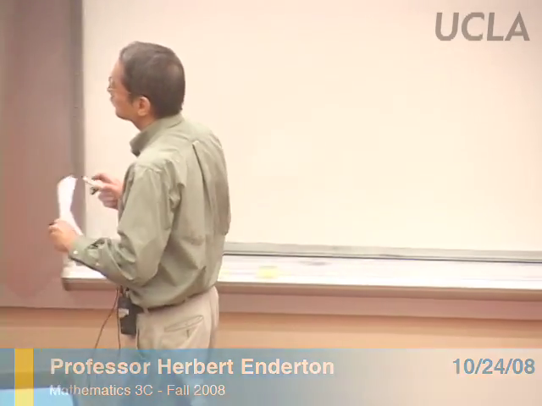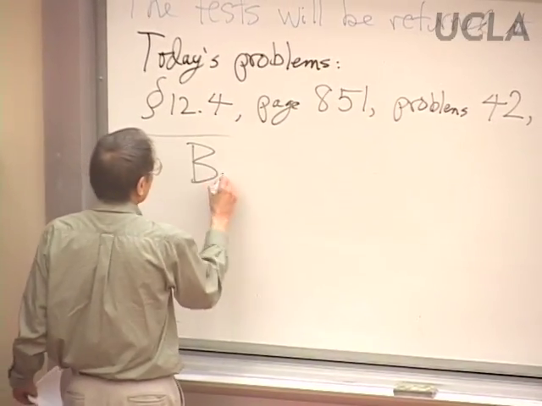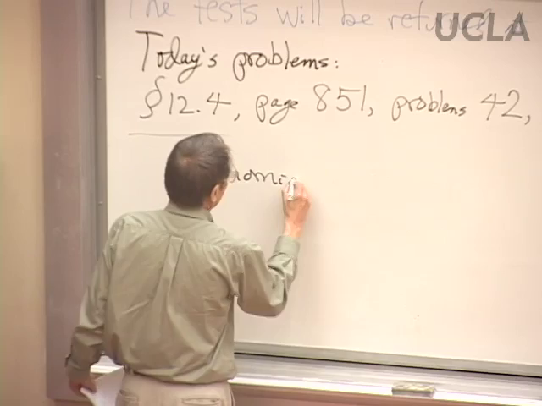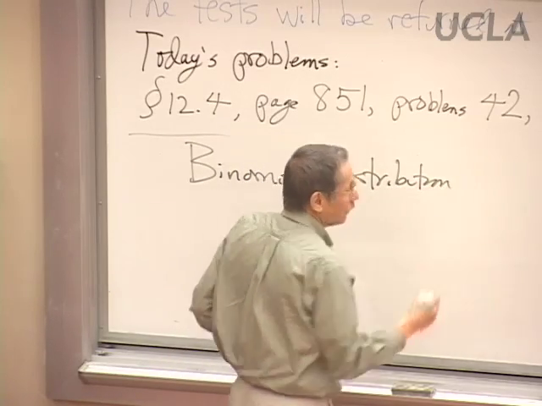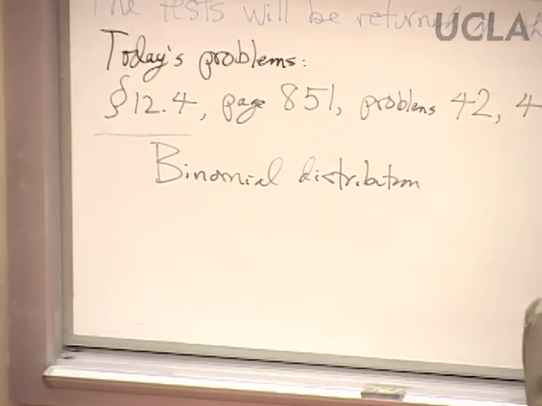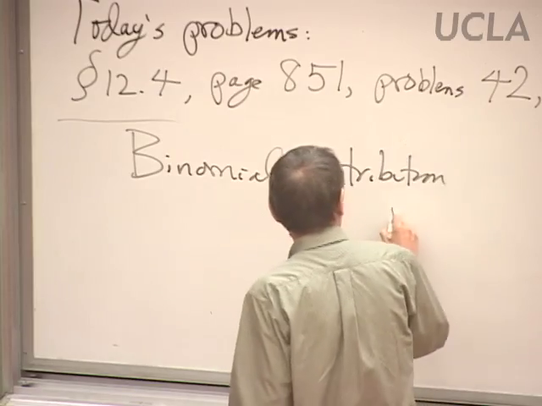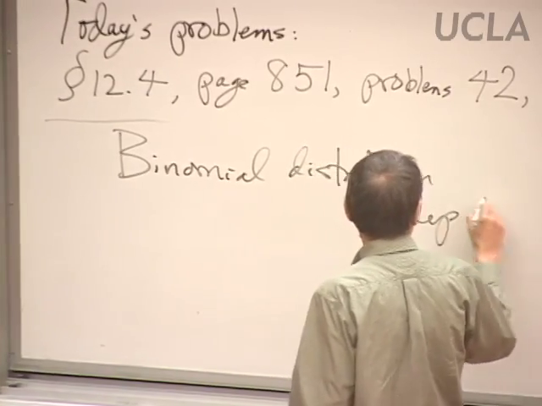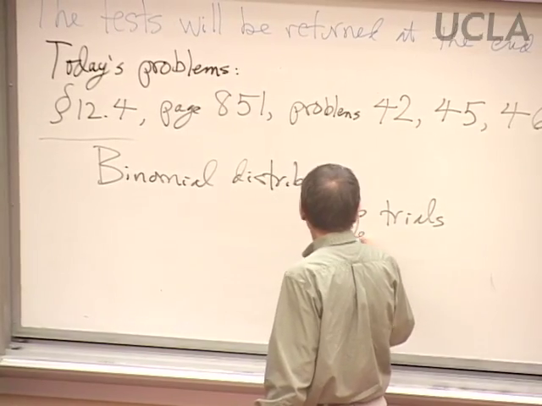Now, one of the things we know is about the binomial distribution. So let's go back to that. Three things we can say about it. It applies to Bernoulli trials, so independent trials all having the same success probability.